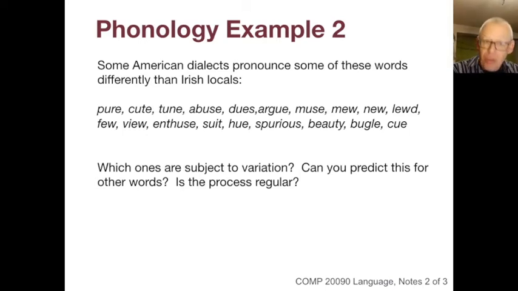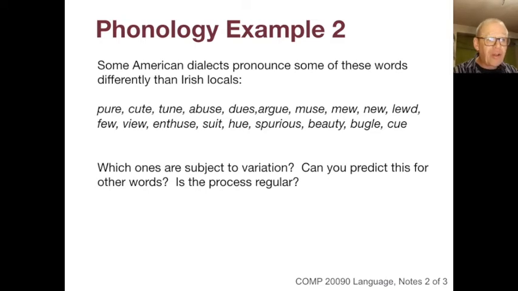Strange, isn't it? How do they know which ones to pronounce differently? Abuse is abuse in New York, but dues is dooz in New York. Heavens, some of these seem to be different. So which ones are subject to variation? And is it a regular process? Is there something about the preceding sounds that would tell you whether the vowel is going to be u or oo?